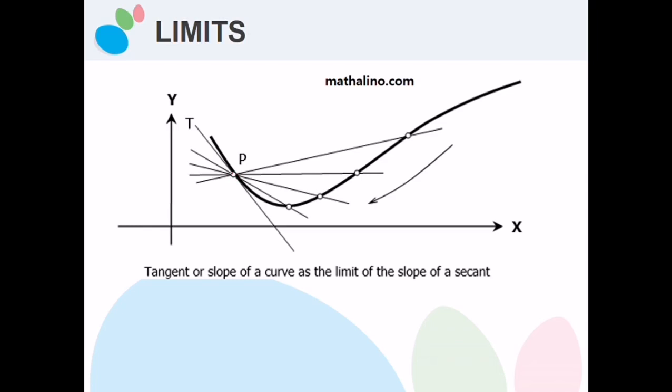Assuming in this kind of curve, the tangent or slope of a curve is a limit of the slope of a secant. In this figure, consider a secant line whose slope keeps changing until it becomes a tangent line, or a slope of the curve at point P. Here is our secant line.